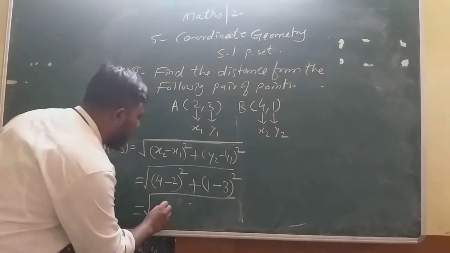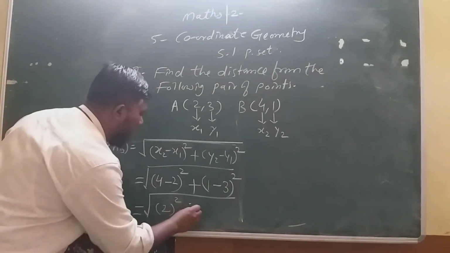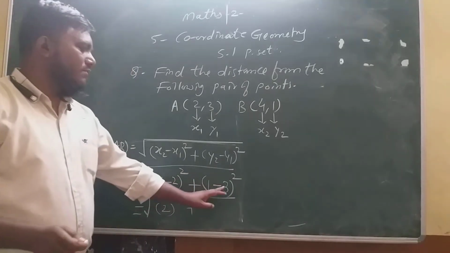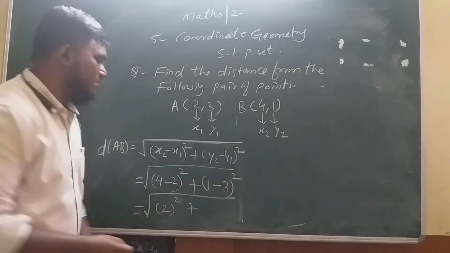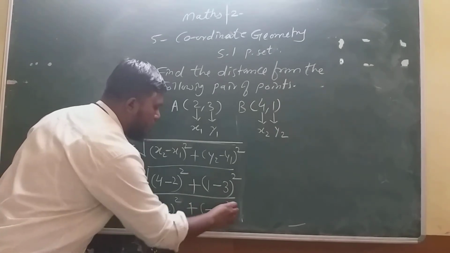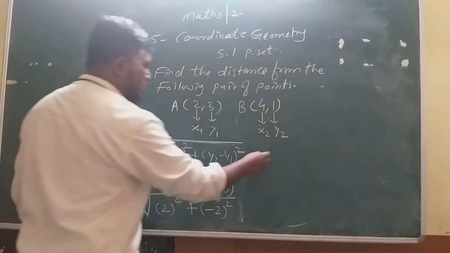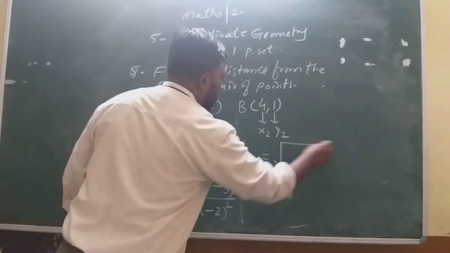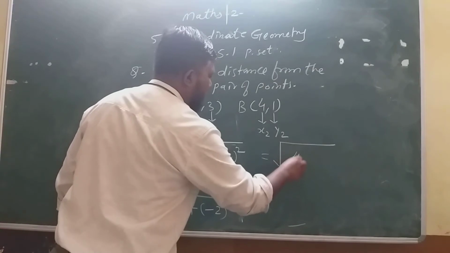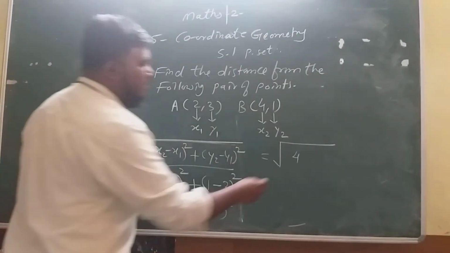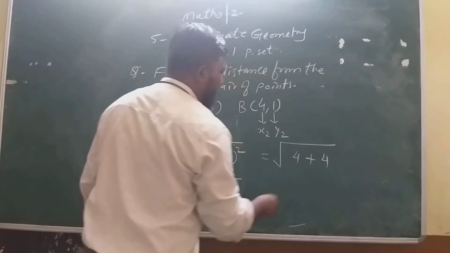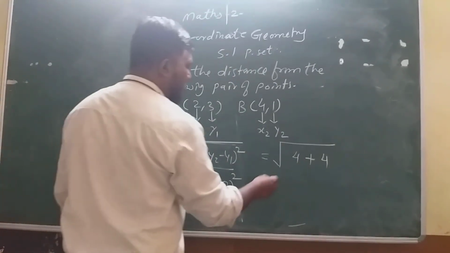Now we have to do subtraction here. 4 minus 2 becomes 2 square plus 1 minus 3 means what? We have to do subtraction. Bigger number sign is what? Minus, and minus 2 square. Now we have to solve here. Positive number will give the positive answer, that is square of 2 is what? 4, plus negative number square is also positive number, that is minus 2 square is what? 4.